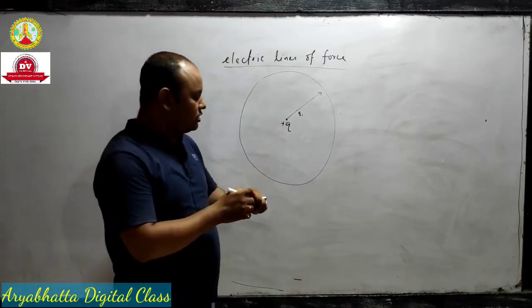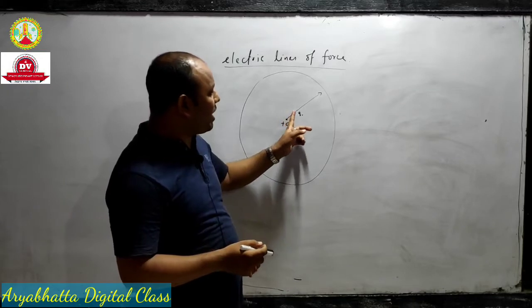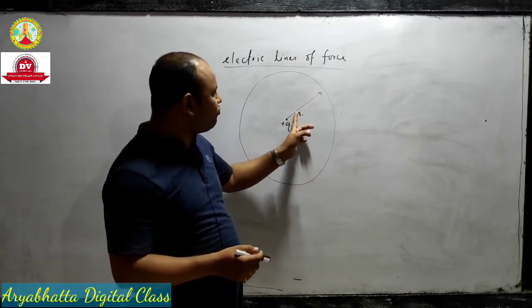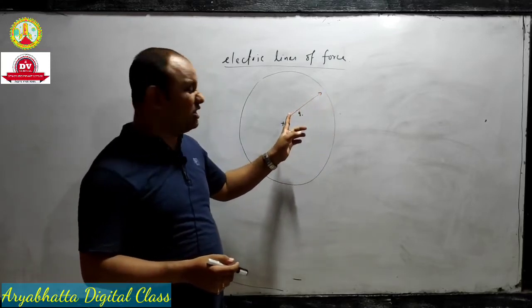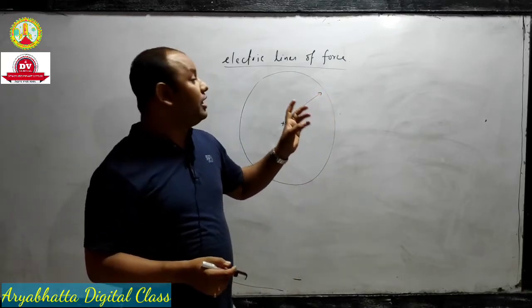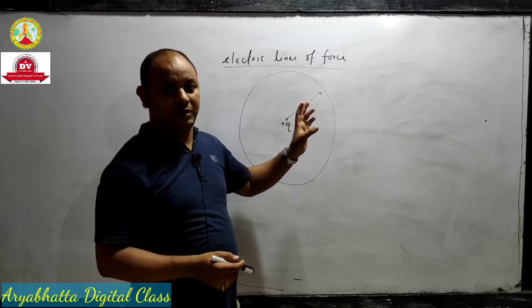That means this point charge will follow a path. The point charge will follow this path, and this arrow is known as the electric lines of force.